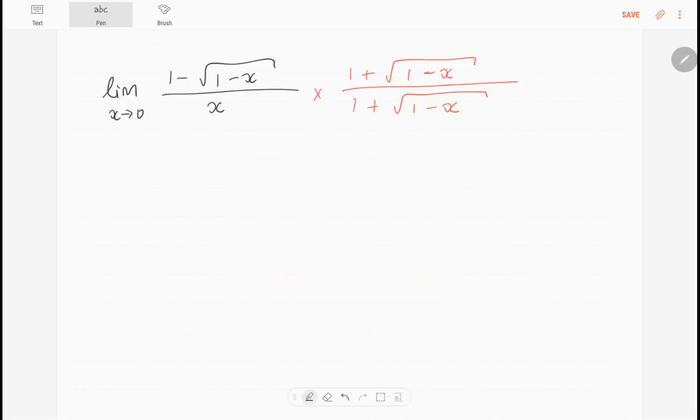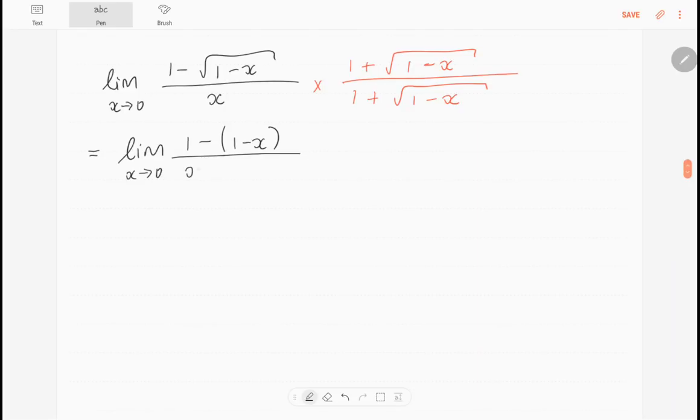So when we multiply, what we get is the limit as x approaches 0. Then in our numerator, we are going to have 1 minus (1 minus x). And in our denominator, we are going to have x multiplied by 1 plus the square root of 1 minus x.